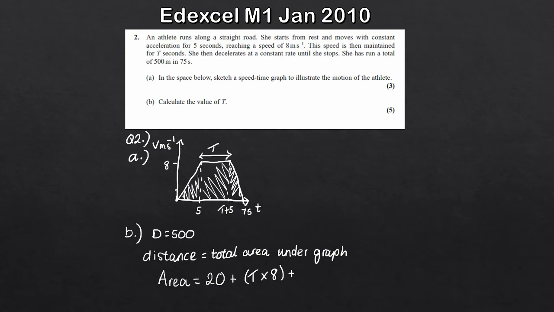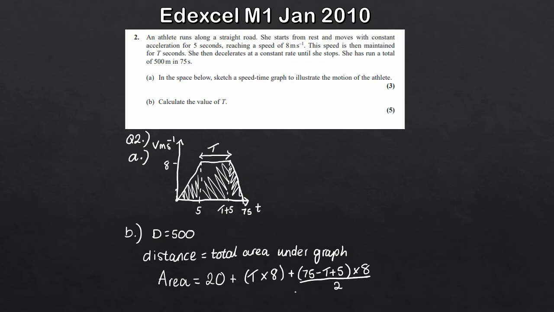Finally, for this final triangle, we need the height, which is 8, times the base. The base will be 75 minus t plus 5. We times that by the height, which is 8, and we divide the full thing by 2, because it's a right angle triangle.